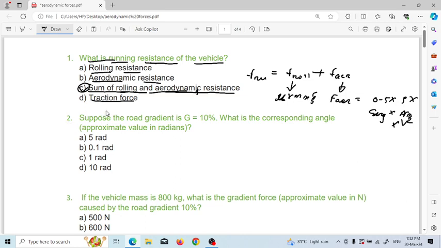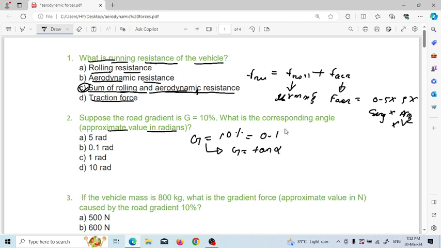Next, question number 2. Suppose the road gradient G is 10%, then what is the corresponding angle approximately in radian? We have to find the corresponding angle. We know the road gradient G is 10%, which is equal to 0.1, and the formula for road gradient is G equal to tan alpha.